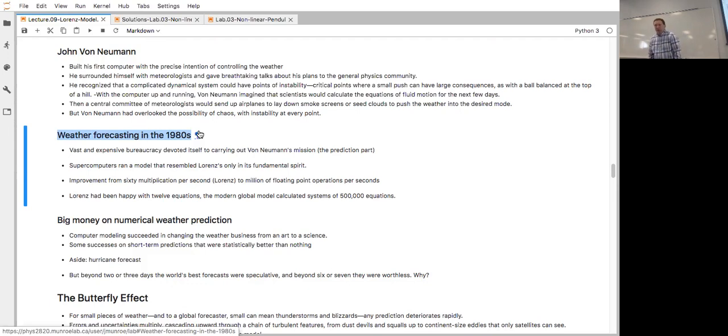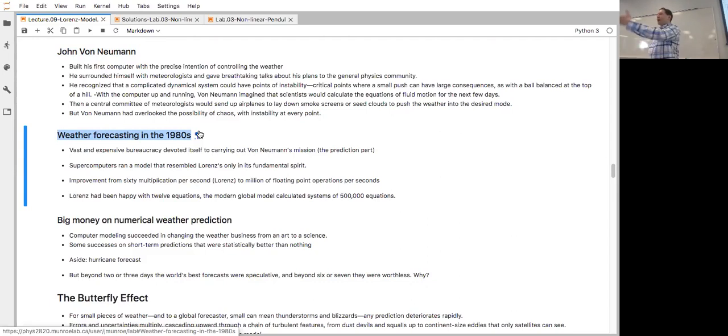We were building increasingly large supercomputers that ran a model that at least physically had the same equations that Lorenz had, right? More equations, because we could solve more things. Rather than just doing 60 multiplications a second, which is what Lorenz's computer could do, these modern computers in the 1980s were doing millions of floating point operations per second.